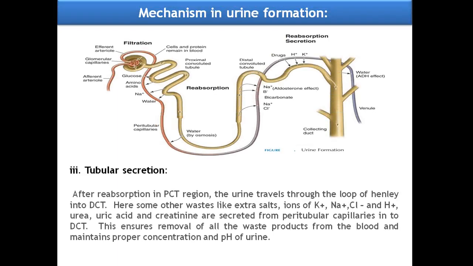And the next process is tubular secretion. After reabsorption in the PCT region, the primary urine travels through the loop of Henle onto the DCT. Nearly 10% of water is reabsorbed into the peritubular capillaries in the loop of Henle region by osmosis.